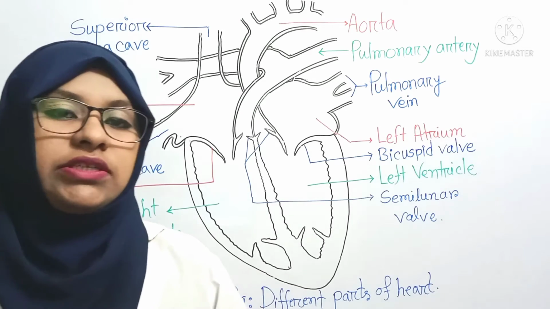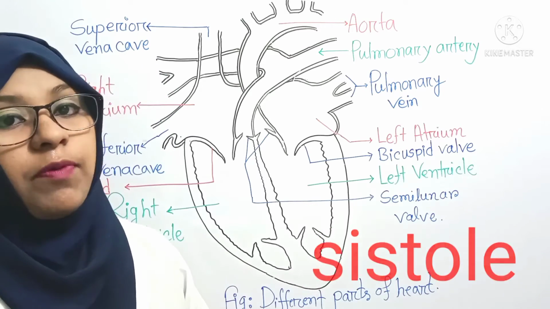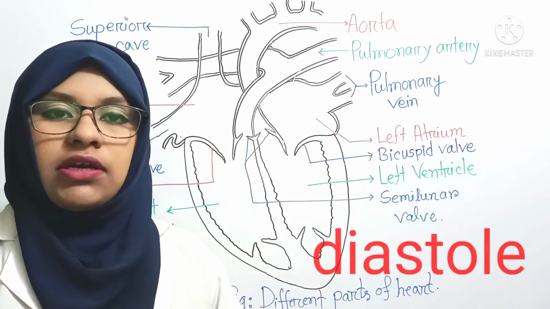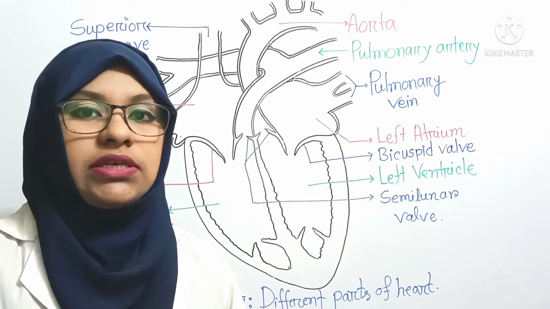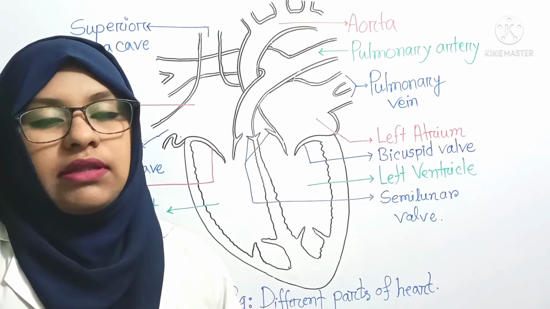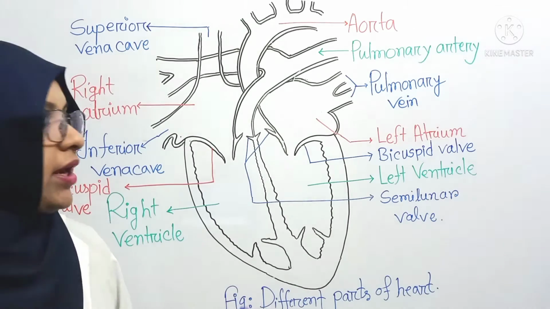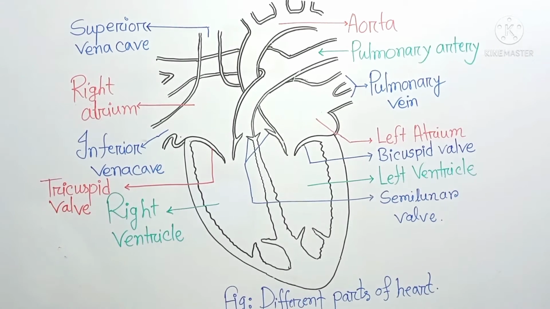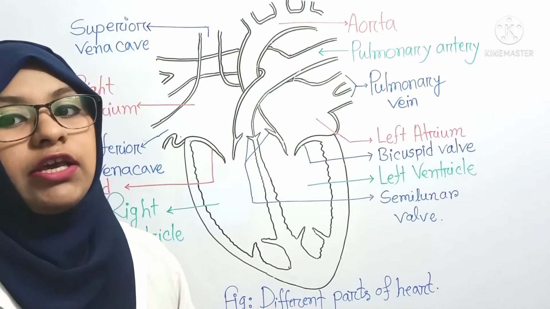The spontaneous contraction is called systole, and spontaneous expansion is called diastole. It is mentionable that when the atrium goes to systole, then the ventricle is in diastole. Thus, the heart circulates blood by systole and diastole in the human body.